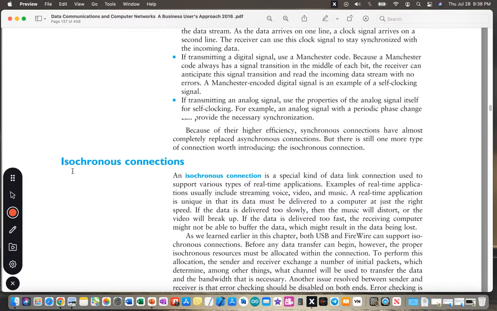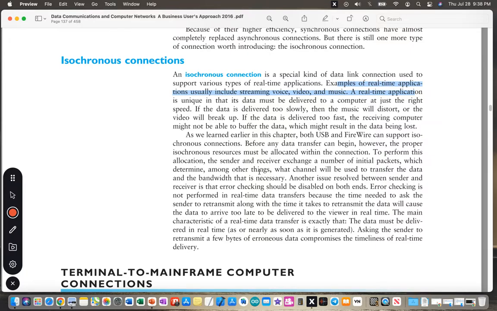The isochronous. An isochronous is a special kind of data link connection used to support various types of real-time applications. Examples of real-time applications include streaming voice, video, and music.